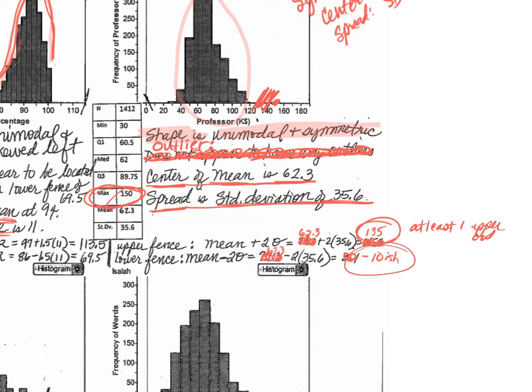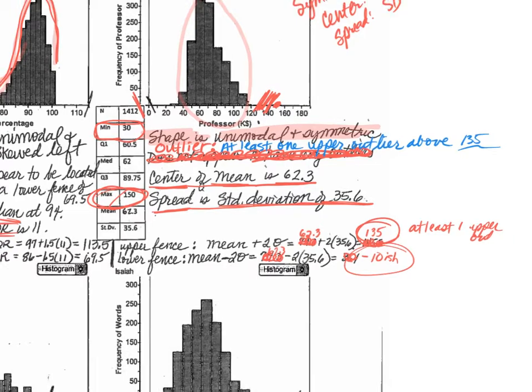Then your lower fence is negative 10. Looking at the minimum, it is not below the lower fence. So in summary, for the outlier, you write that you have at least one upper outlier above 135, or whatever that number ended up being.